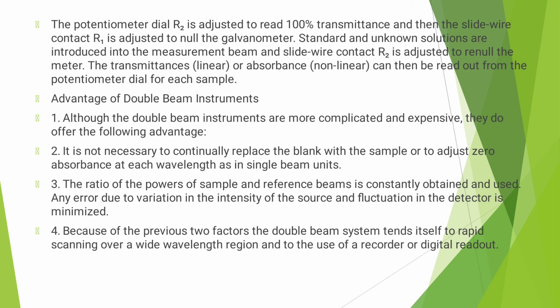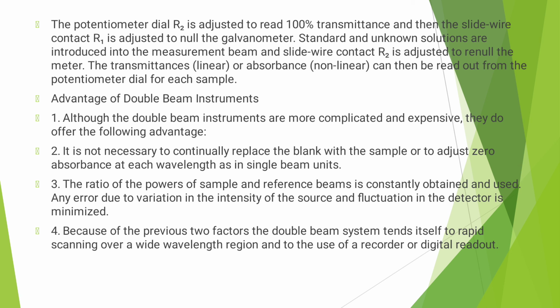There is negligible error from fluctuation in the intensity of the source of radiation. Because of these two factors, the double beam system lends itself to rapid scanning over a wide wavelength region, using a recorder or digital readout.